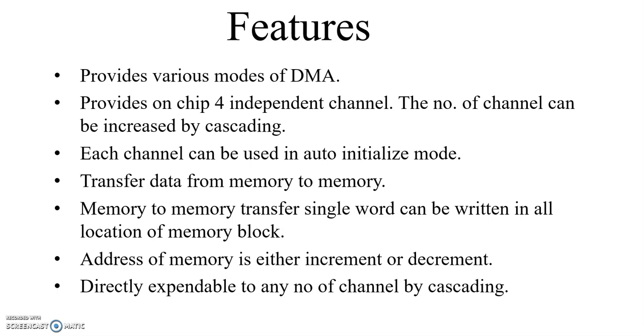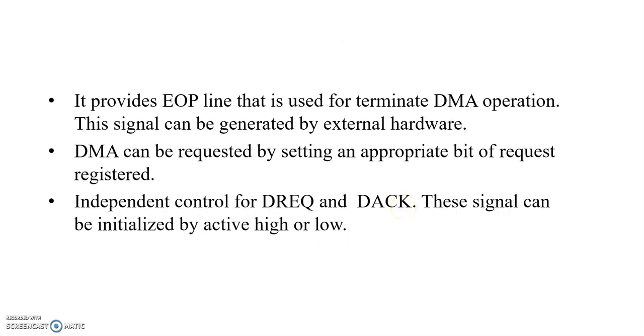The address of memory is either incremented or decremented. It is directly expandable to any number of channels by cascading. Next, it provides an end of process line that is used to terminate the DMA operation.